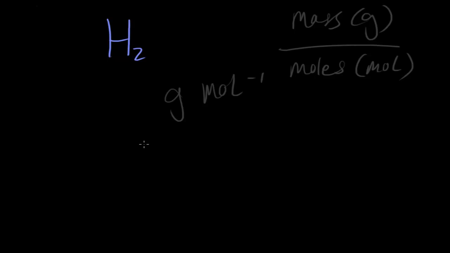Molar mass is basically found by the relative atomic mass. Well, not the relative atomic mass, but the relative formula mass. If it's a molecule, it's going to be relative formula mass. So all you do is add up the relative atomic masses of the atoms that form that molecule, or the element or the ion.